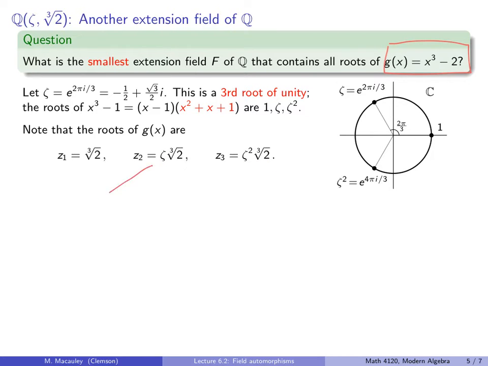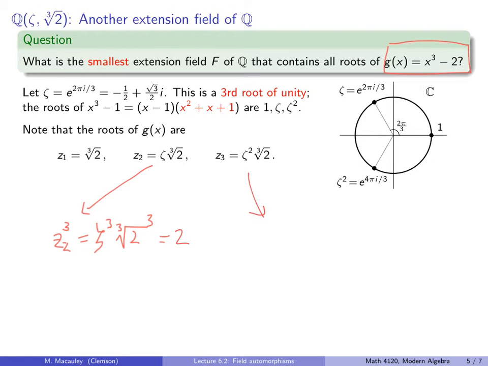So to see why this is, let me show you both algebraically and geometrically, or graphically. Well, zeta times the cube root of 2, cubed, is zeta cubed times cube root of 2 cubed, and obviously zeta cubed, as we said, is 1, and these cancel, so we get 2.